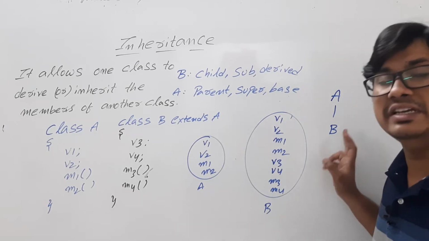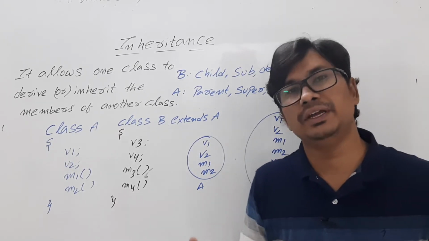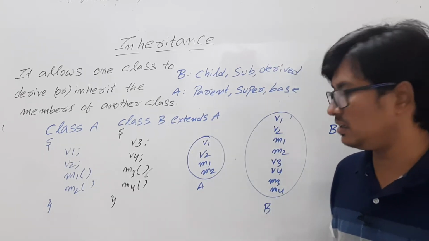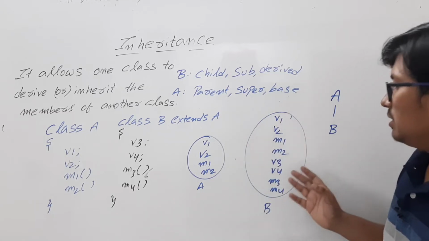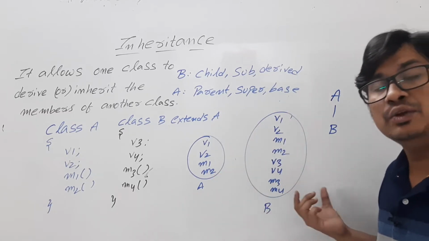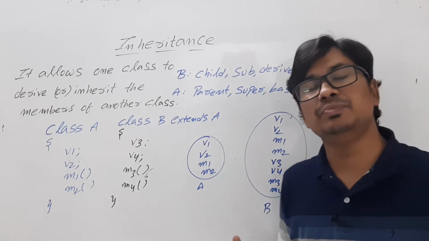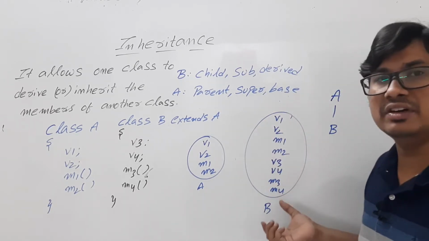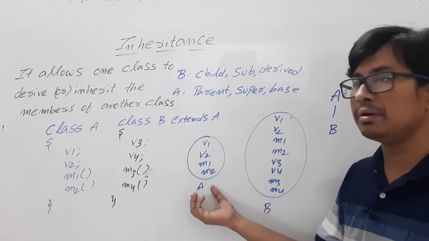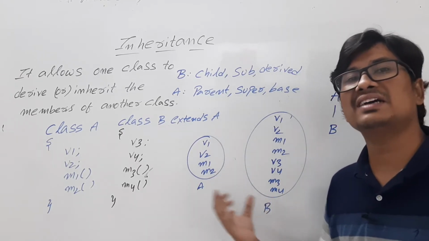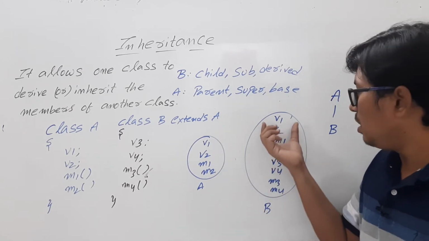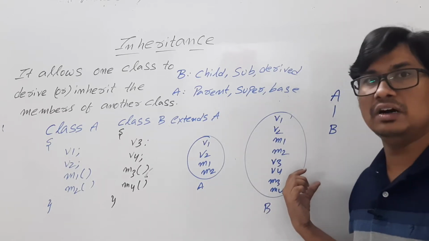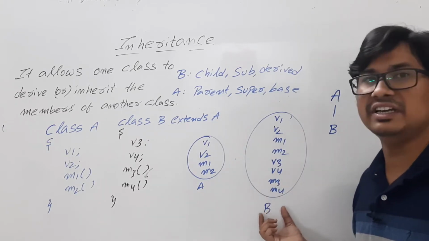So child class B is inheriting the properties of the parent class A. Now if you want to access the members of class A and class B, then you can create the object for class B. Using the object, you can access the members of class B, because class B will have the members of class A. So you are accessing both the variables and methods of both class A and class B using the object created for the child class.